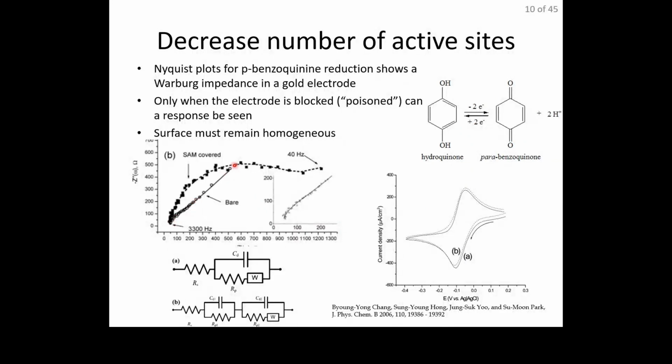That is, you see this sort of 45-degree angle line, and again, you'll come across this later on, but really this is just telling you that all you're measuring is diffusion, the rate of diffusion of your reactant to the surface.